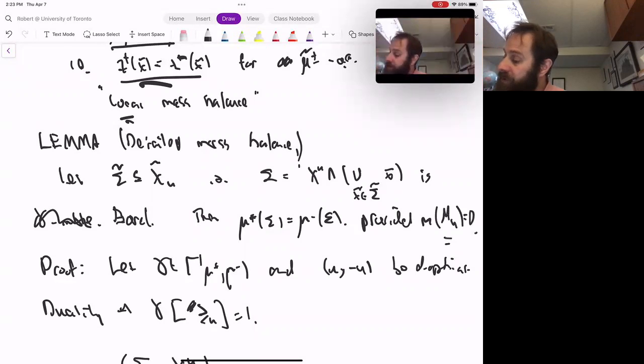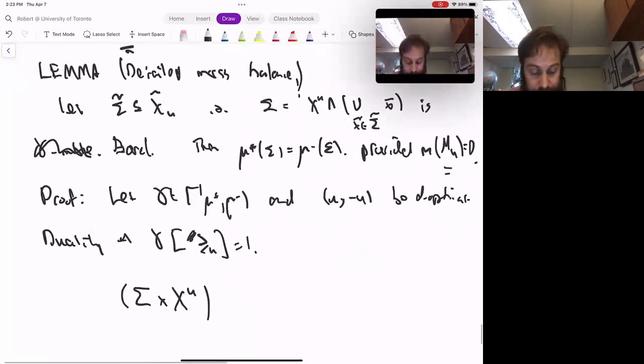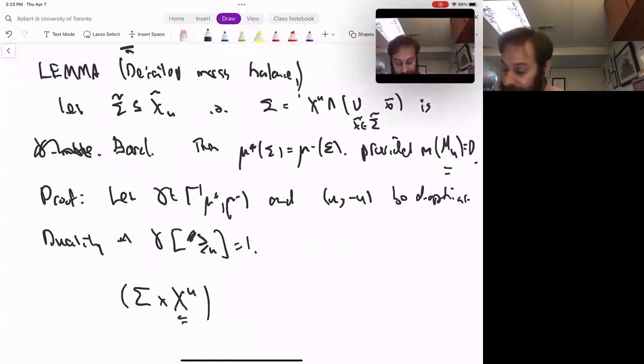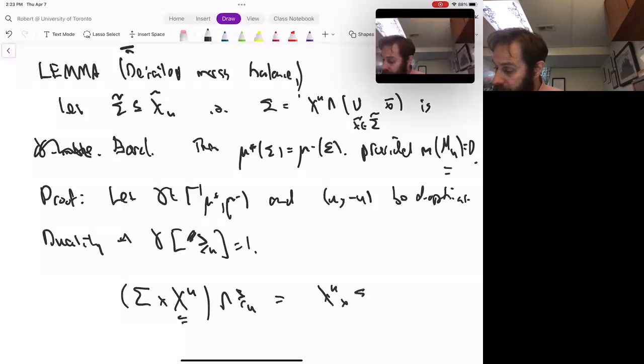So provided the multiplicity points are negligible, which we know is true in Euclidean space, this is a set of full measure for mu plus, or for mu minus, whatever. If I intersect that with the partial ordering, then I get the same thing as if I reversed the order of the factors.